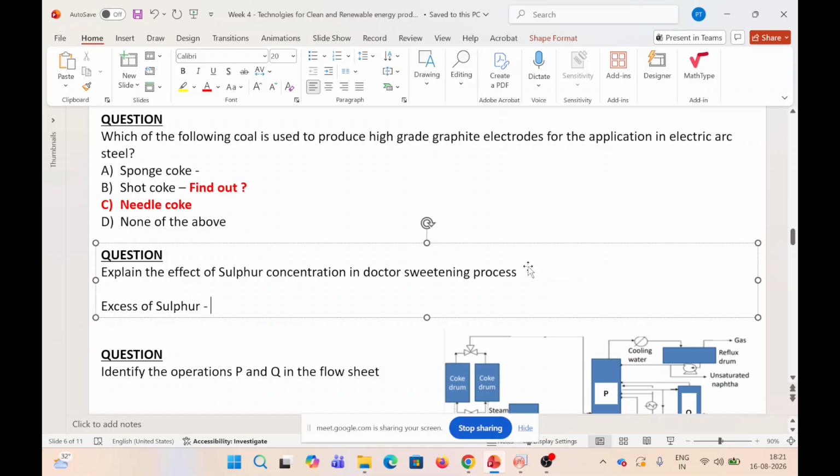Excess of sulfur may create polysulfides, which will lead to copper foil corrosion, which will lead to failure of the copper foil corrosion test.